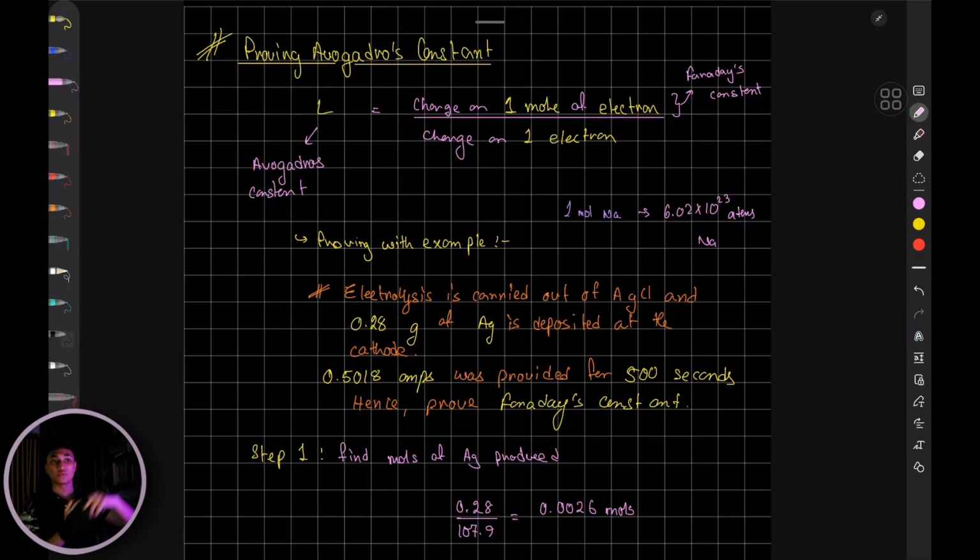It can be that 1 mole of water has 6.02 into 10 to the power 23 molecules, or it could be, let's say, 1 mole of phones. 1 mole of phones would have 6.02 into 10 to the power 23 phones, right? So 1 mole is basically a measure of how many of that individual particle there are.